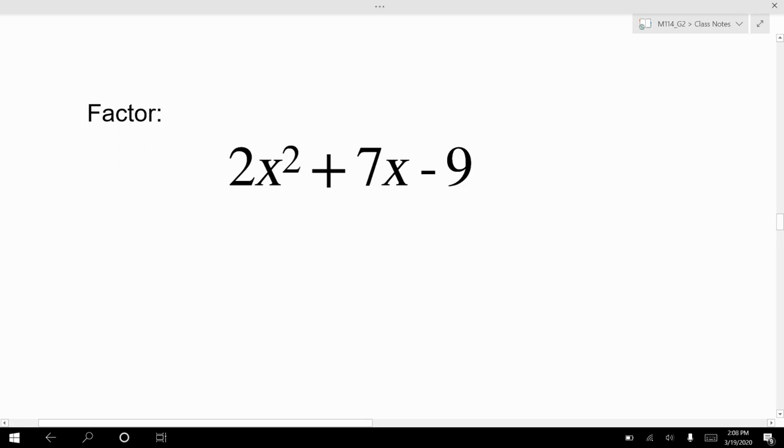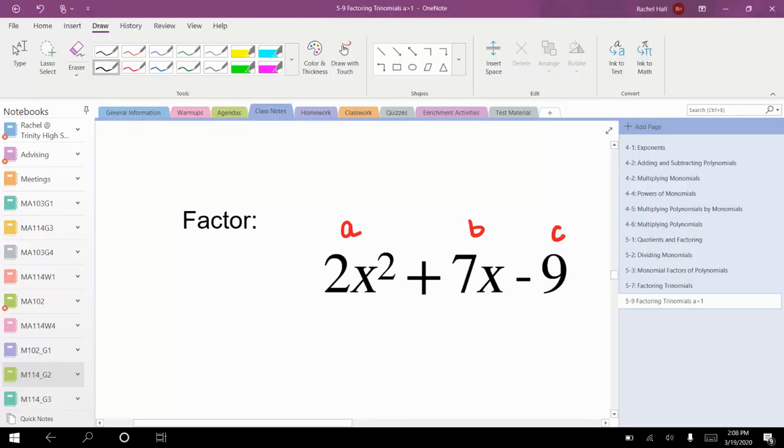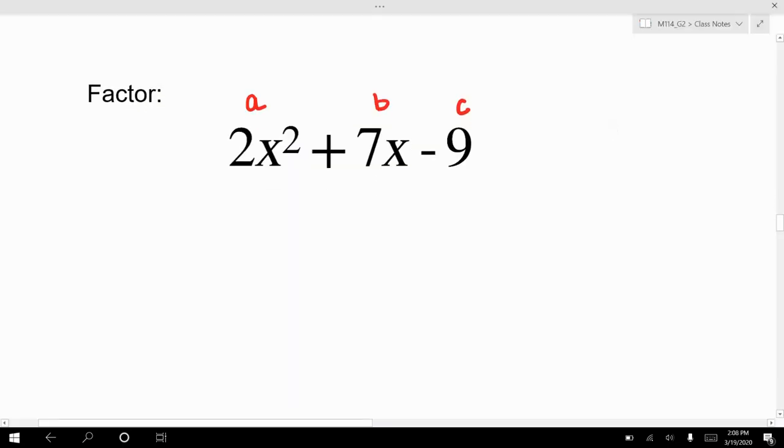So the first thing that I want you to do, so this is the same trinomial that you just wrote down, I want you to label the three terms as A, B, and C. All right, so when we're doing the X box method, that's going to be the structure that we're going to use to factor. So go ahead and make a pretty large X on your paper.